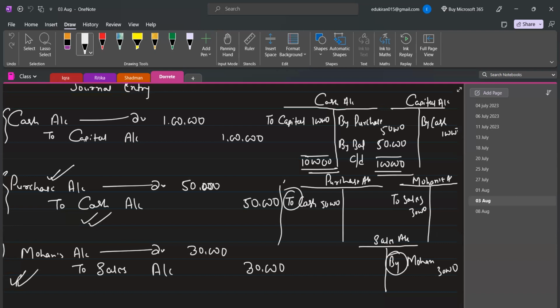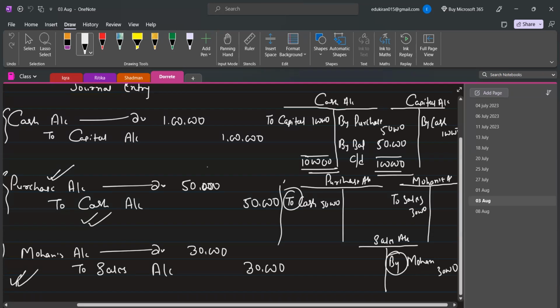I'm talking about the journal entry, not the ledger. In the journal entry, cash account is on which side? Credit side, sir. Credit side? Debit side.